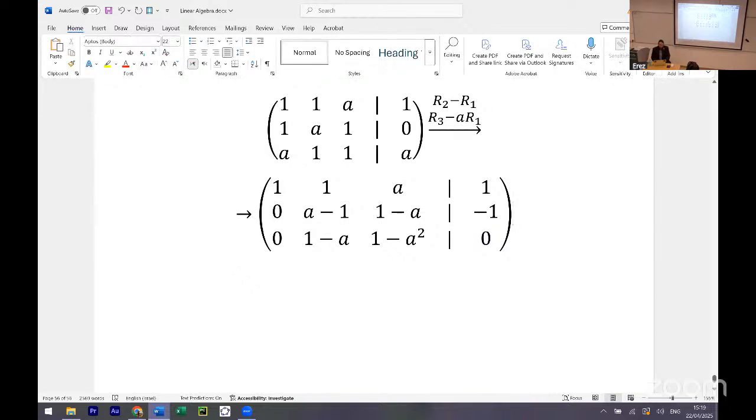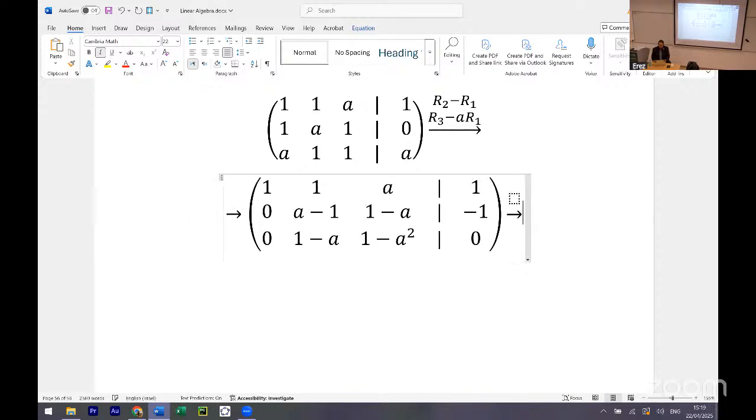What would be the next step? In theory, trying to cancel out. Yes, so now again, it's a bit scary, but we need to hold on tight. We wish to cancel out this, right? So sometimes we say, because this is not 1, it's a problem, we wish to divide by A minus 1 and split into two cases.